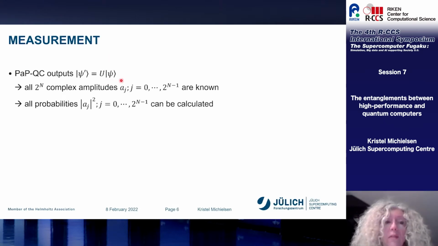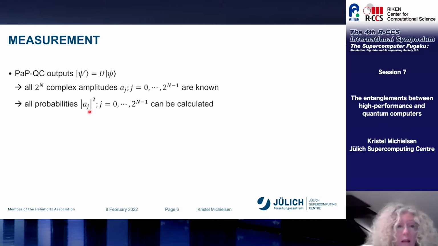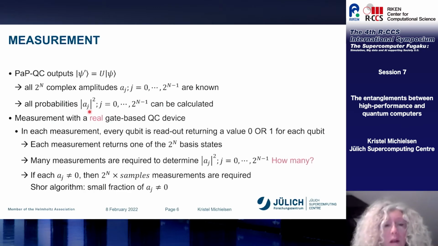So this means that we know all the 2 to the power n complex amplitudes, and from this we can calculate all probabilities. Now, if we have a real gate-based quantum computer, then we have to perform this measurement. And in each measurement, every qubit is read out, and then you get a value 0 or 1, and this for each qubit.